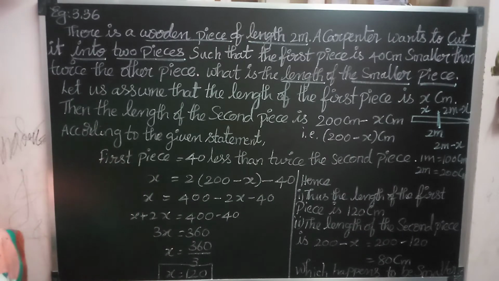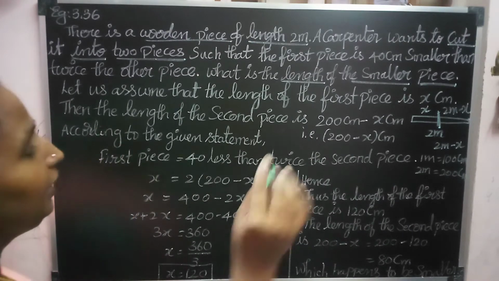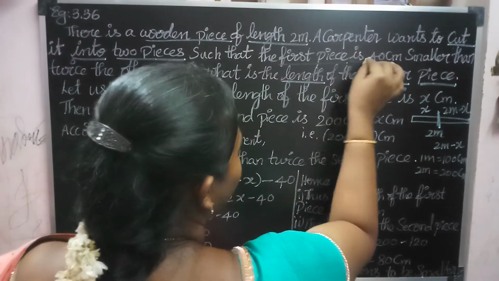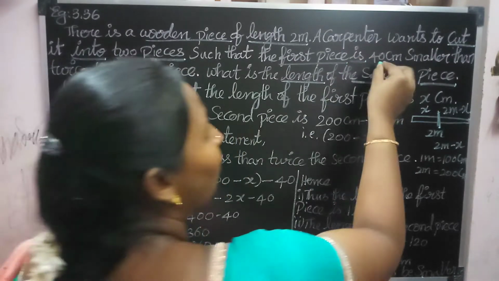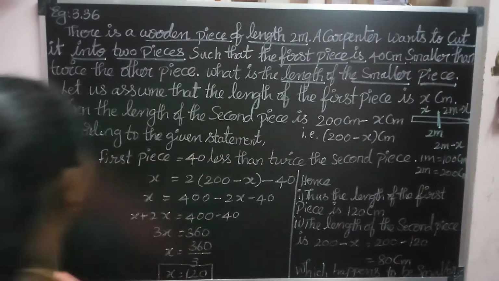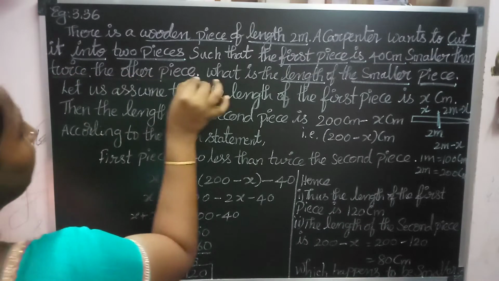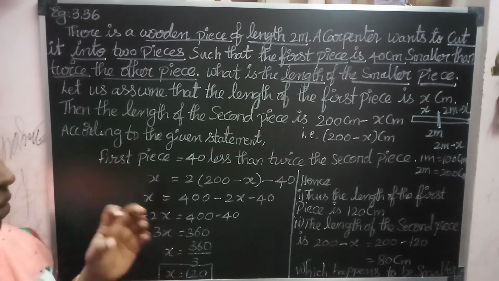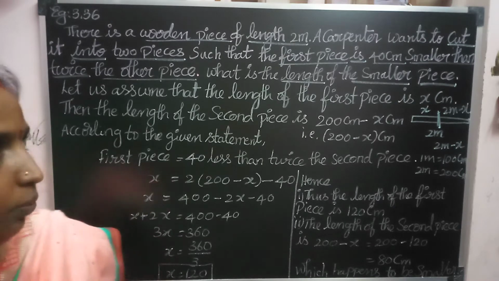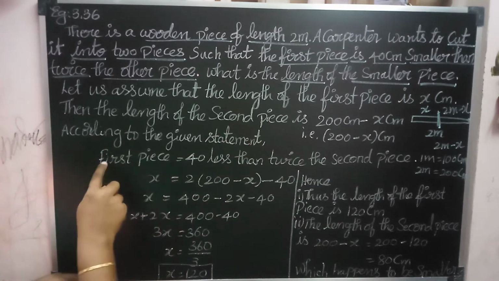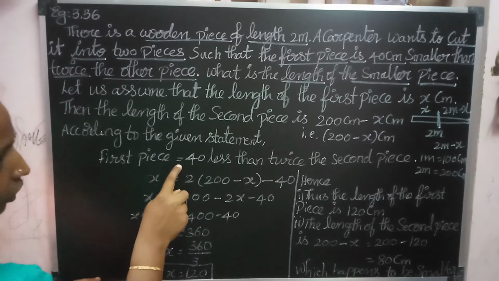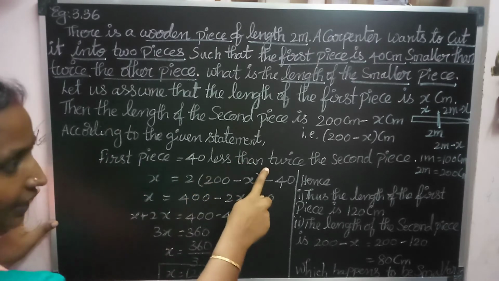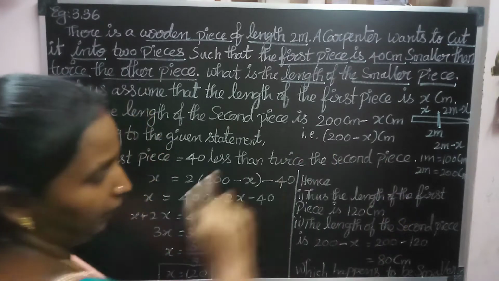According to the given statement, what is given? The first piece is equal to 40 centimeters smaller than twice the other piece. Understand this sentence clearly, then only you can write the linear equation. First piece equals 40 less than twice the second piece.